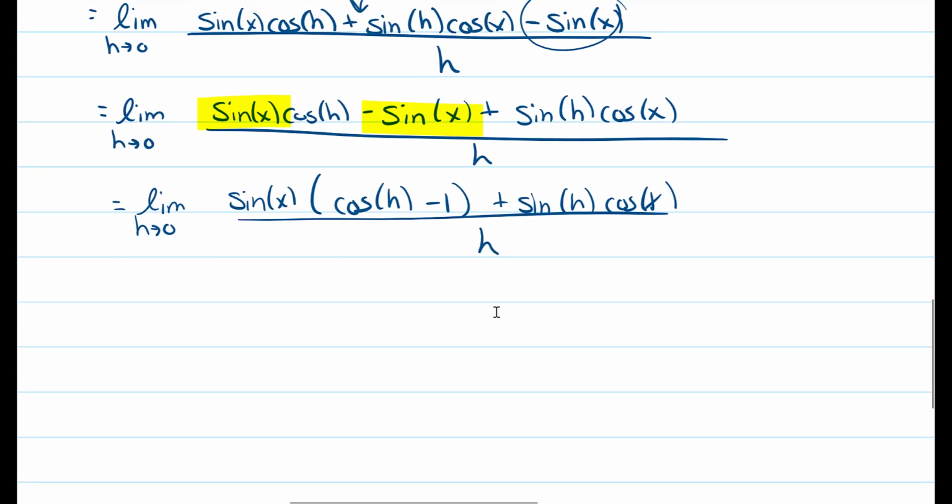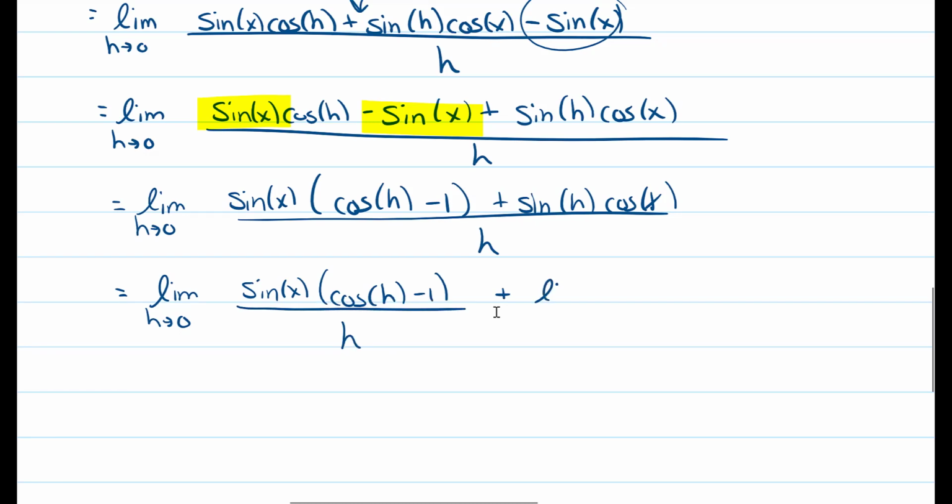And then I'm going to break these up. I'm going to write this as the limit as h approaches 0 of sine of x times cosine h minus 1 all over h, plus the limit as h approaches 0 of sine of h cosine x all over h.